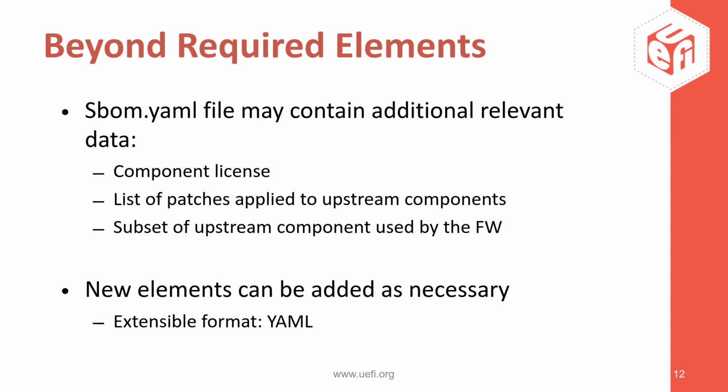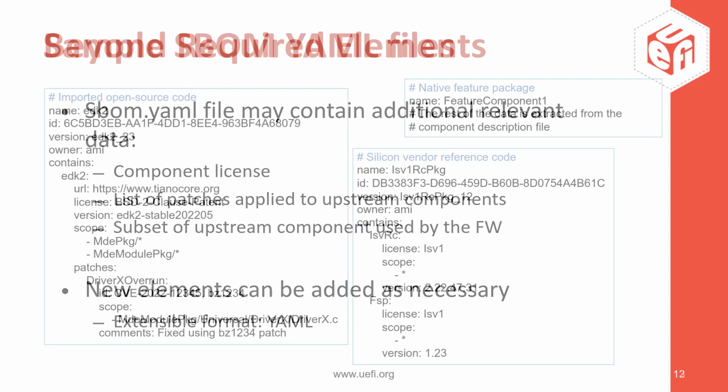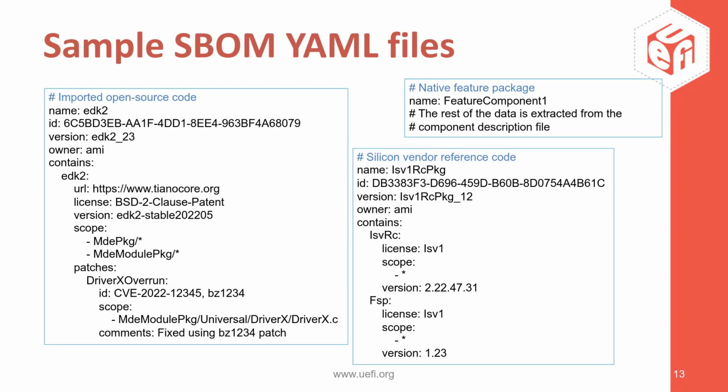So this could be automated by expressing information about the subset of the third-party component used. And YAML is pretty flexible, so we hope it will be easy to extend it in the future if necessary. So this is just a few examples.